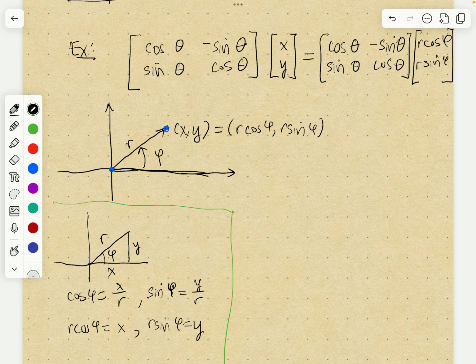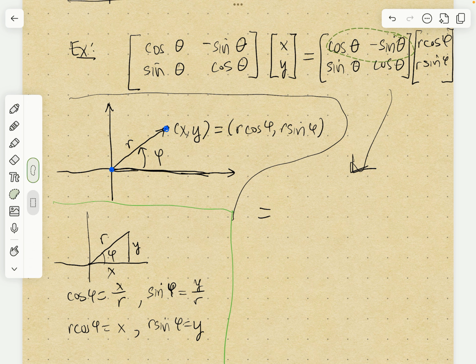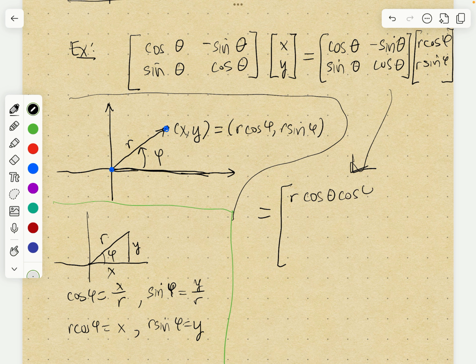And what you're going to get is, okay, what are you going to get? Let's move it down here so I have more space. This is going to equal, so you take this first row and multiply it by the vector, you're going to get r cosine theta cosine phi minus r sine theta sine phi.